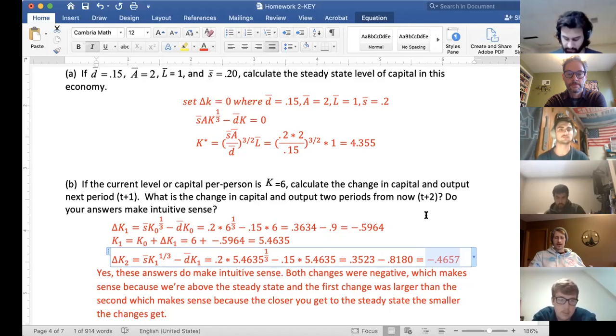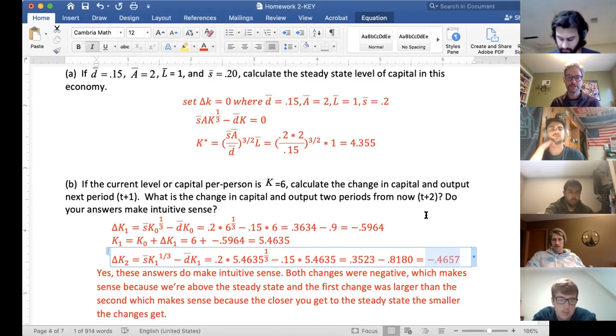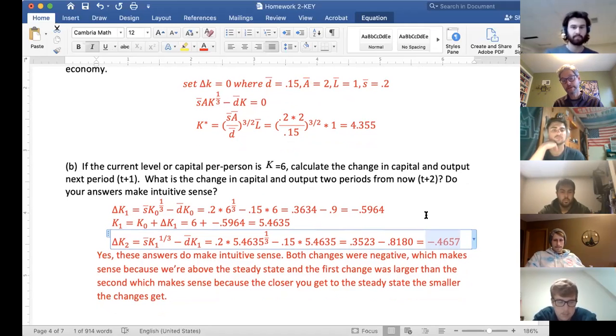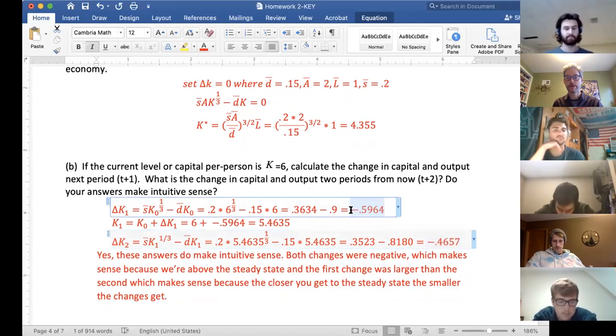That's still okay, correct? Yeah, I mean, when I say, do they make intuitive sense, I'm asking you to put some words to this and explain what's going on. Intuition doesn't mean the math is one thing, but then use a couple of words to explain to me that you understand what's going on here. And also, this leads to a big point: let's say that you screwed up the math somehow and you got a positive number here.